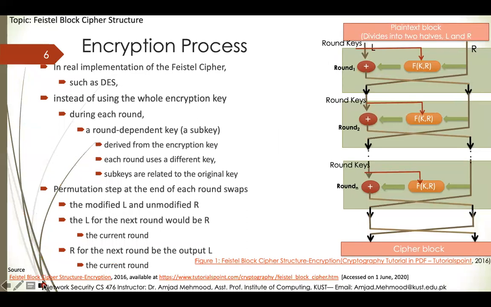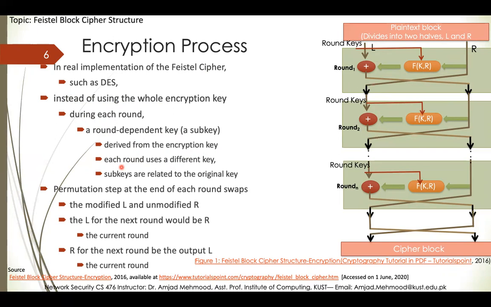Now, in the encryption process, in the real implementation of a Feistel cipher such as DES, instead of using the whole encryption key during each round, a round-dependent key or a subkey is derived from the encryption key. Each round uses a different key. Why do we take different keys?